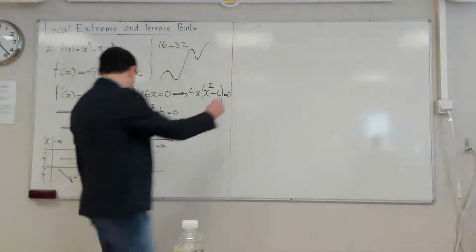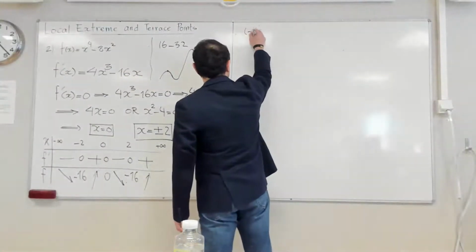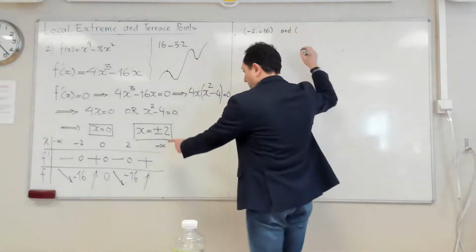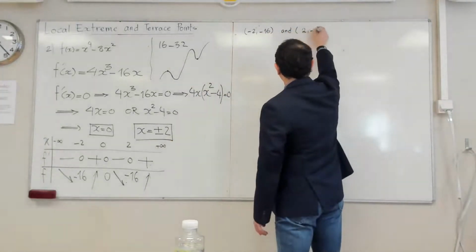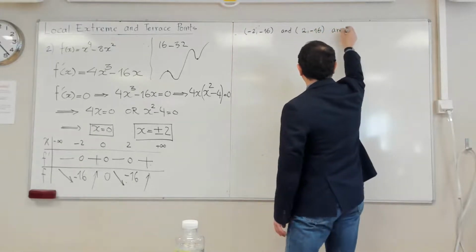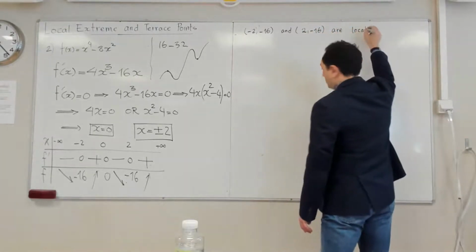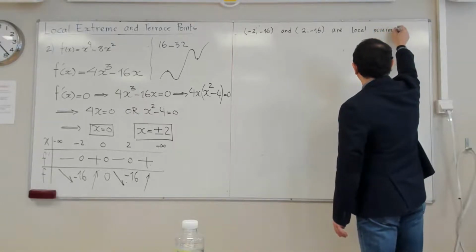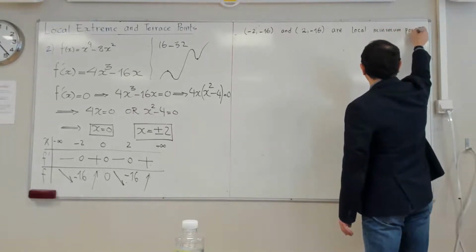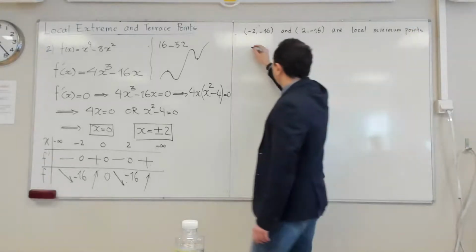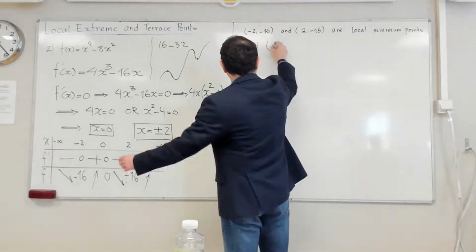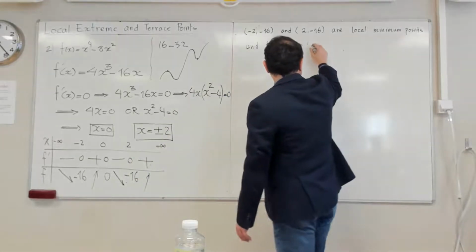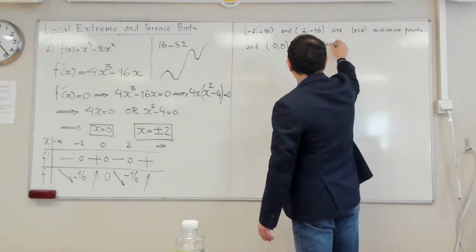So I would say that -2 and -16 and 2 and -16 are local minimum points. And the point 0 and 0 is a local maximum.